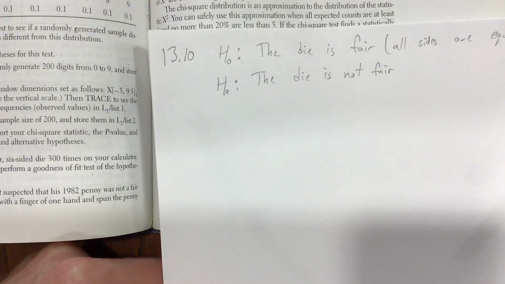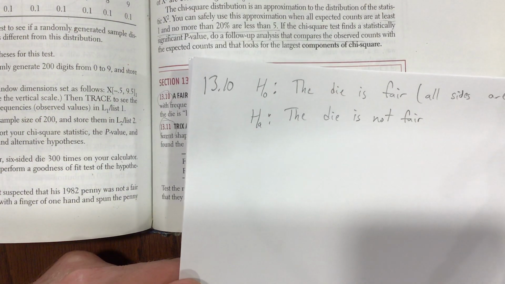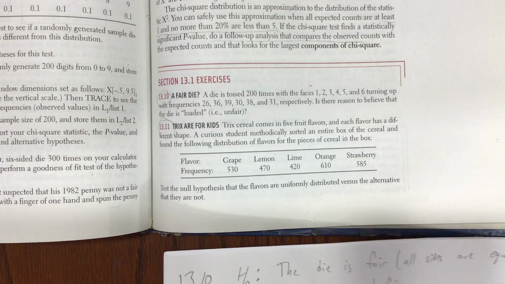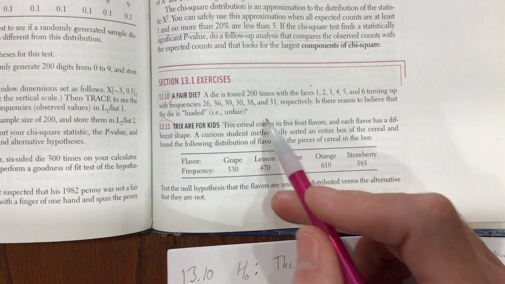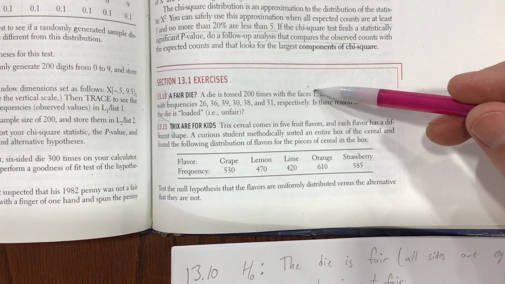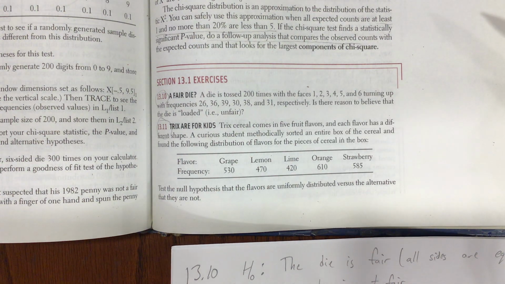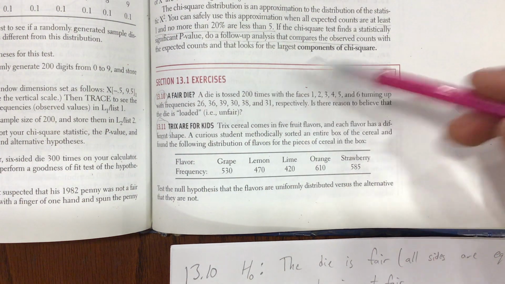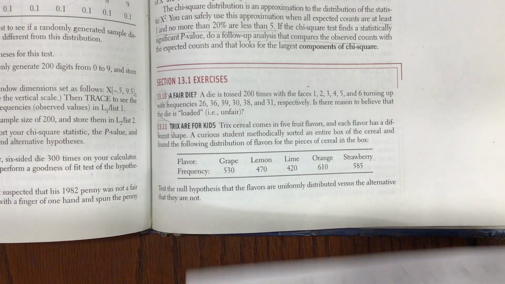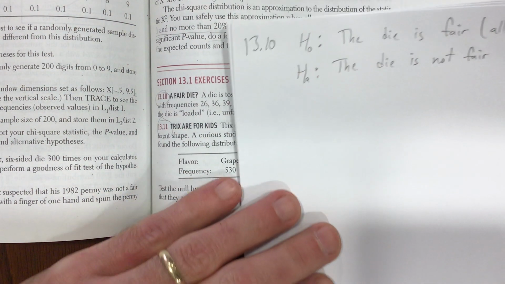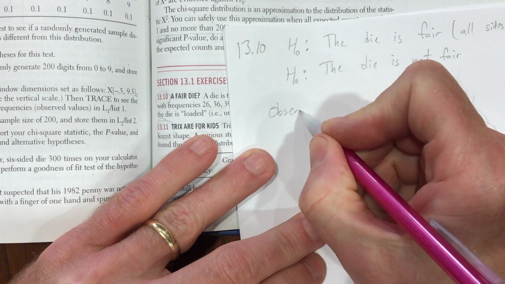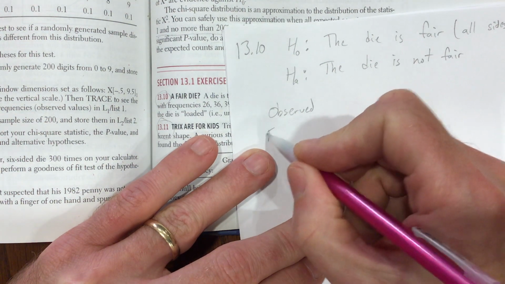Now the chi-square test, basically what we have to do is calculate our expected counts, right? We have the observed counts, and so the expected counts are, if I throw this thing 200 times and I expect each of the six sides to come up equally, that means my expected counts are all 200 times 1/6. I like to make a table personally, so I'm going to do the observed and the expected.